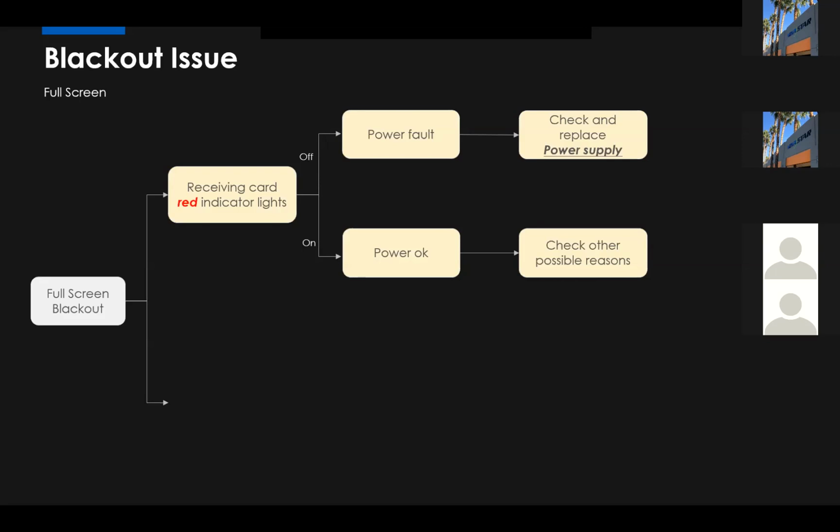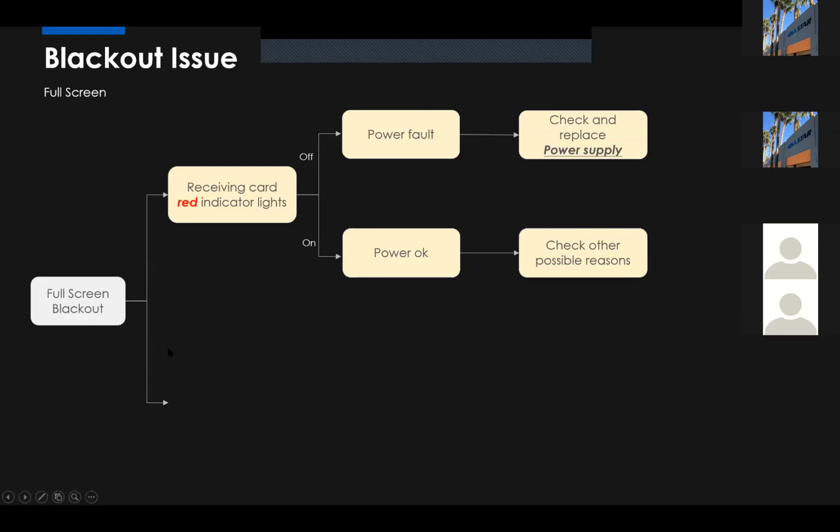We can see if the red indicator is off, this means the receiving card is not powered. So we need to check and replace the power supply. And if the red indicator light is on, so the power is okay, then we need to check another possible reason. So we can check the receiving card green indicator light.